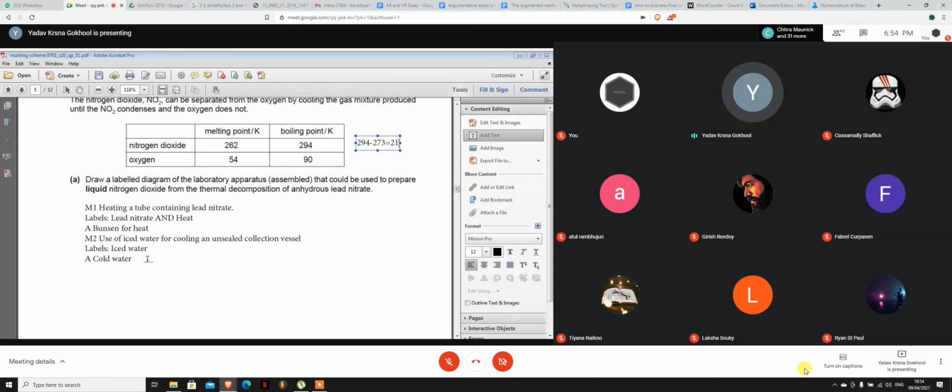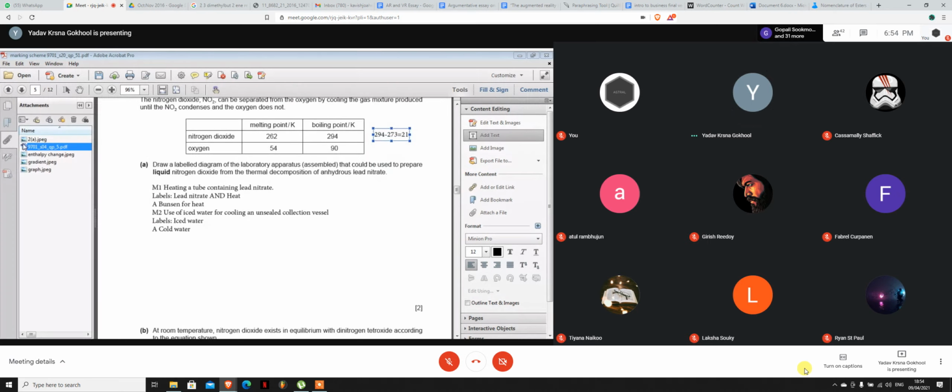And these are the labels. The diagram which is accepted by Cambridge is something like this.